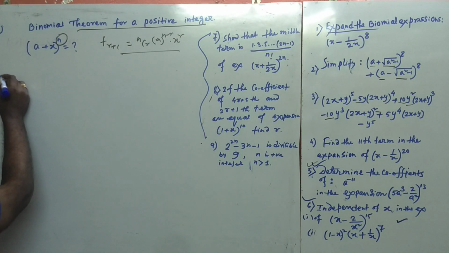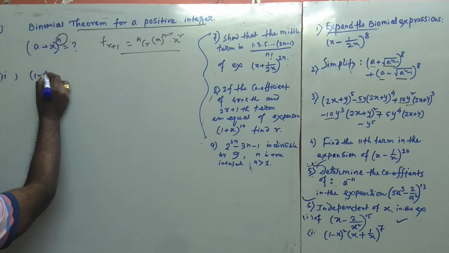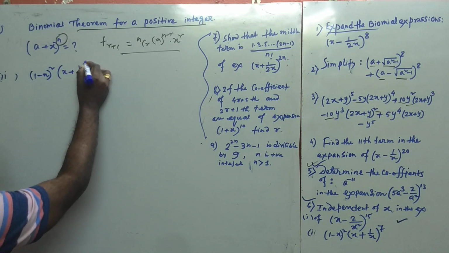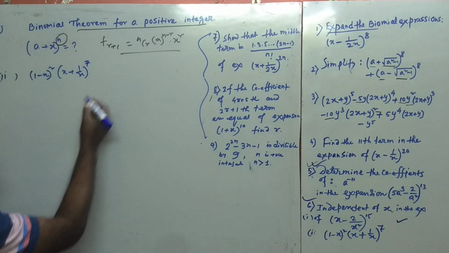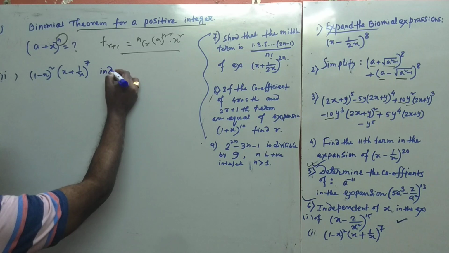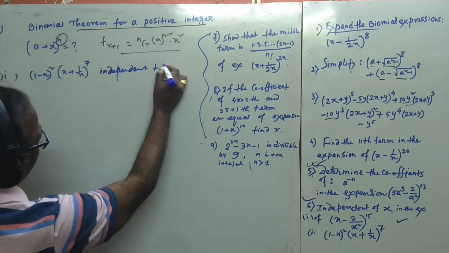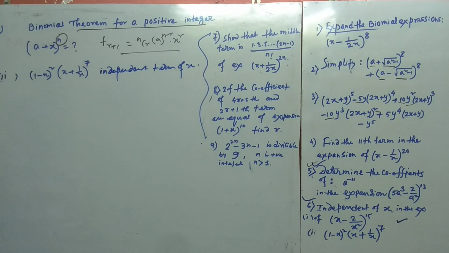Part number 2, that is 1 minus x square, and x plus 1 by x to the power 7, independent term of x of the expansion. Okay, independent term of x here.